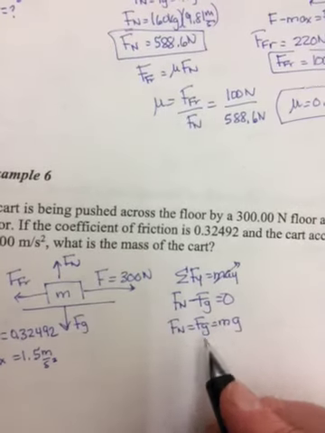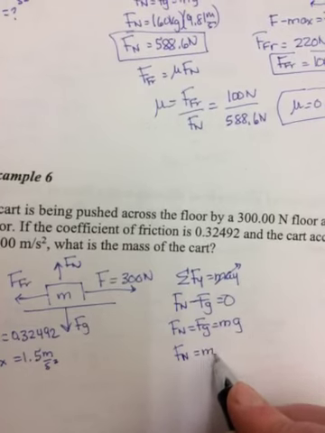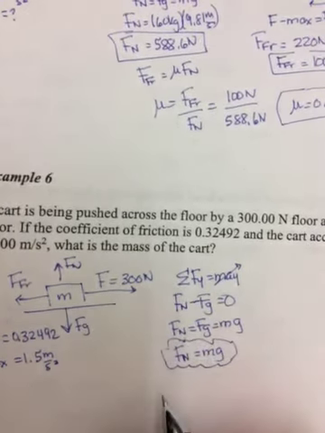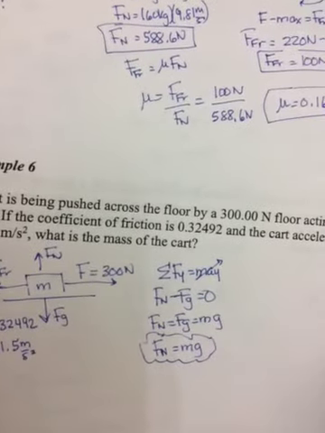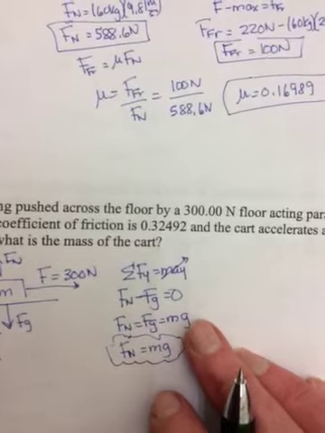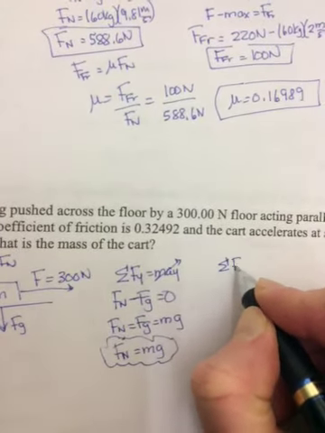But this time the problem is we cannot find a number for this. We don't know m. Okay, so we can't get our Fn. So your choices now are to give up and go to bed, or to say, well, it must be going to work out if I go to the sum of the forces in the x direction maybe.